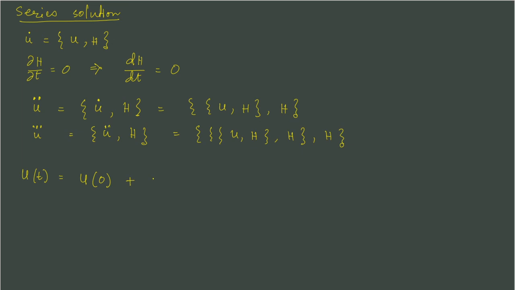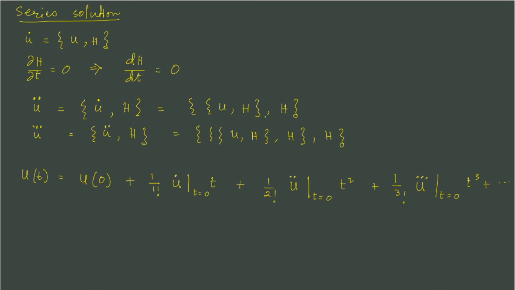So we write down the Taylor series, which is U at t equal to 0 plus U dot at t equal to 0 times t plus 1 by 2 factorial U double dot at t equal to 0 times t square plus 1 by 3 factorial, and so on and so forth. Now in this expression, this U dot, U double dot, U triple dot, we can simply substitute the above.